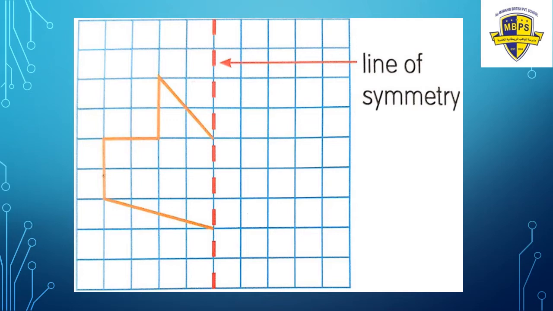Now what we have to do is we have to complete the given symmetrical shape, which means that we are going to draw the other half of the shape. We already have half shape, and now we are going to draw the other half of the shape with the help of the line of symmetry. Students, we are going to learn how to complete the symmetrical shape on the next slide.